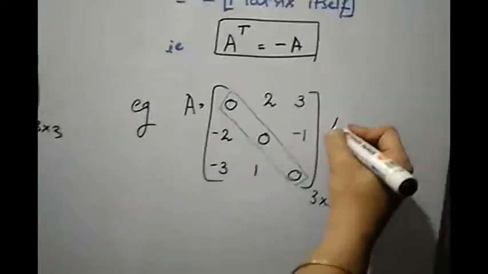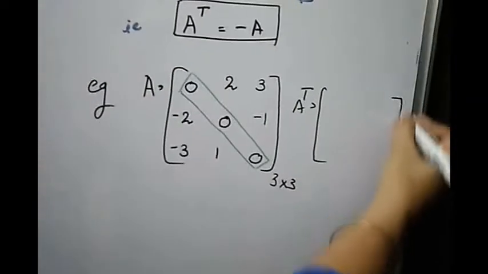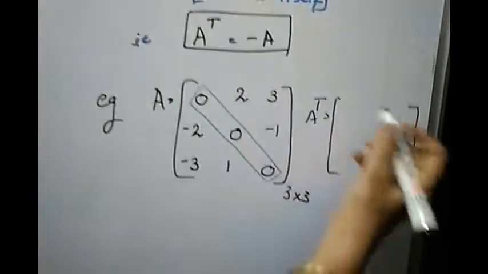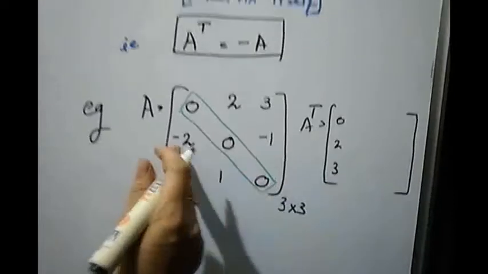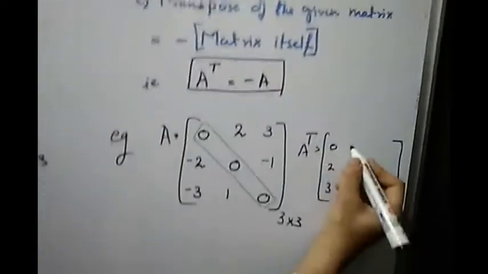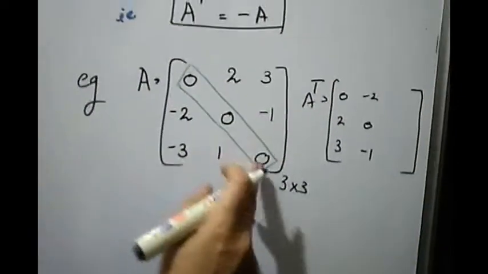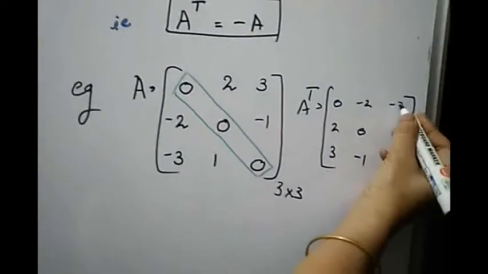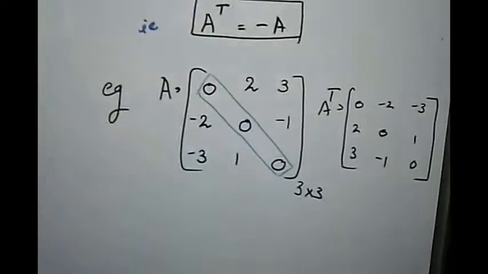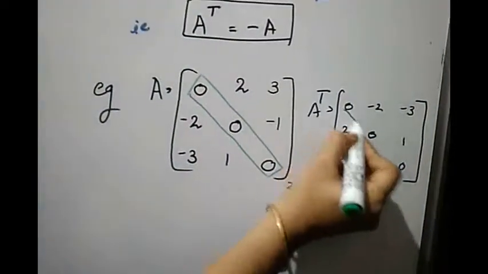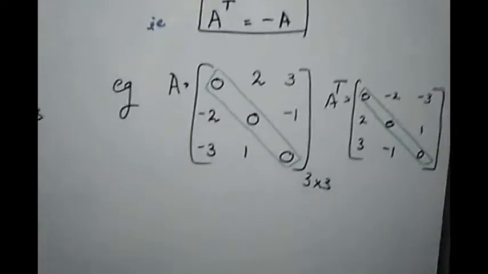Now let us take the transpose. 0 2 3 will be written as 0 2 3, -2 0 -1, -2 0 -1, -3 1 0, -3 1 0. When you compare, the leading diagonal is not disturbed.